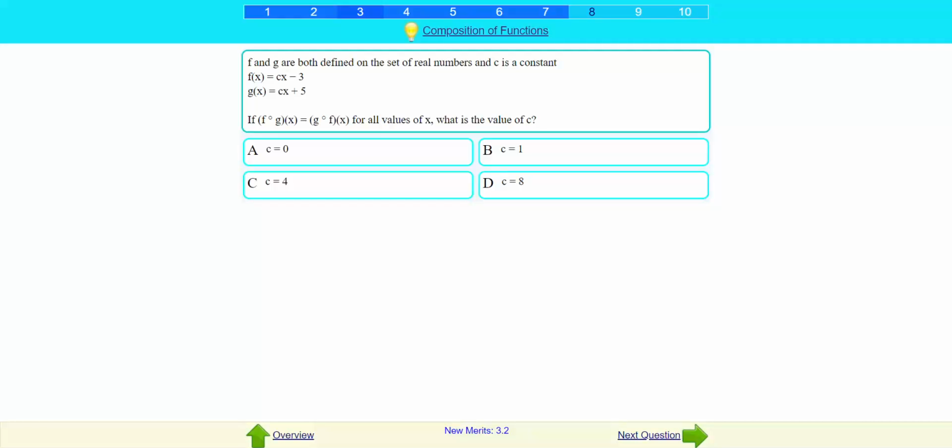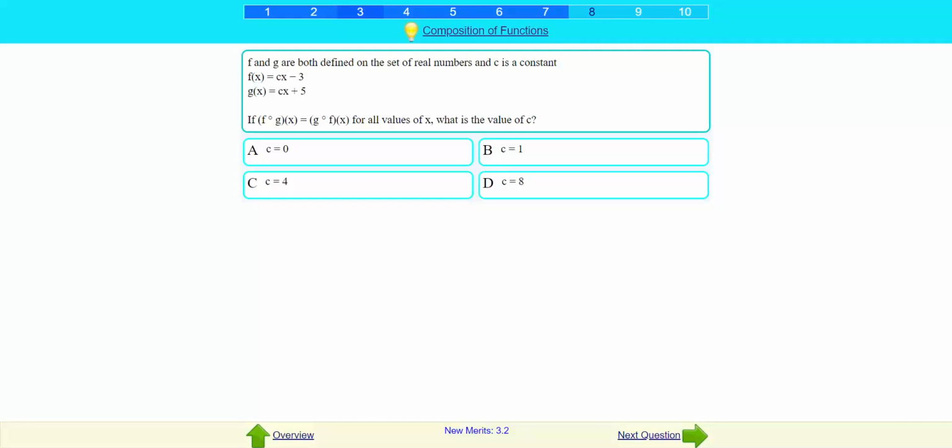c squared. So we take this from here, that's c squared minus 3c plus 8 is equal to c squared plus 5c.